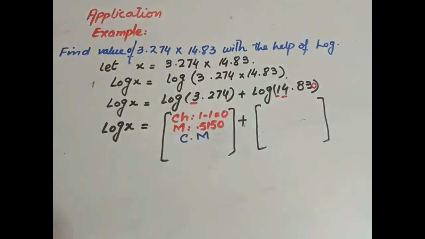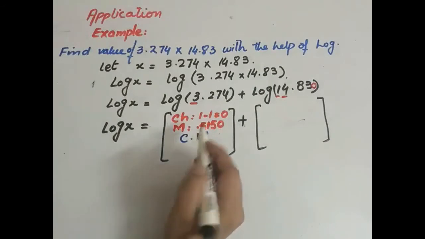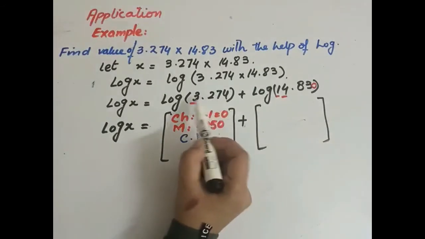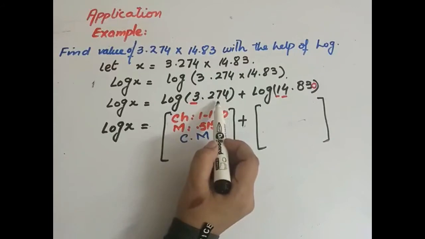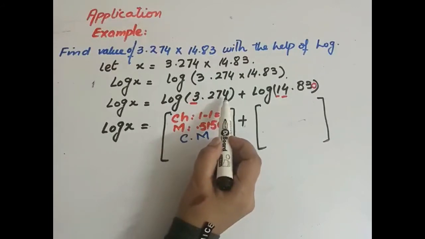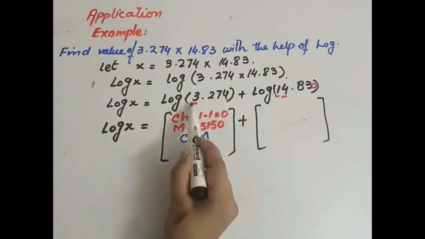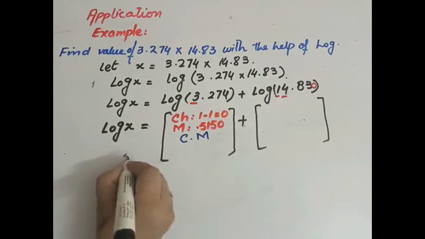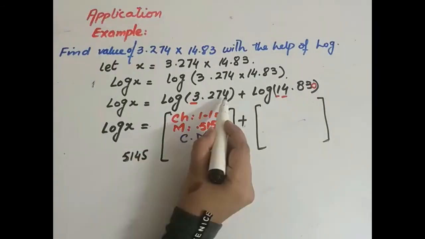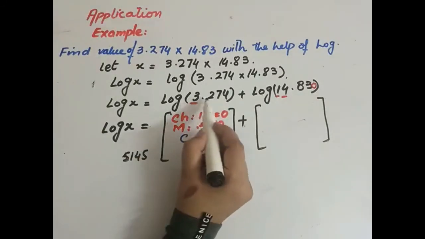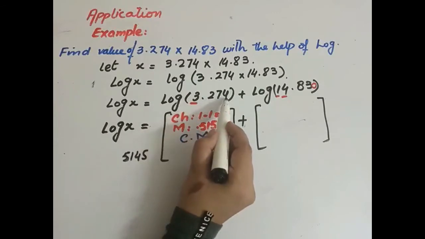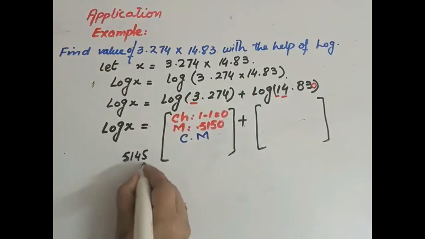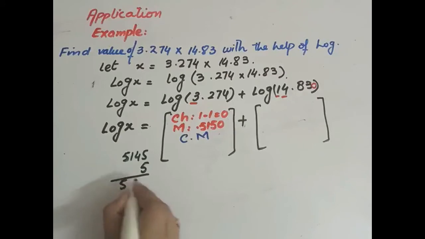So see 32 in the 7th column: row 32, 7th column, the intersection will be 5145. Then see 32 in the mean difference 4th column, and its value is 5. Add them up, it's 5150.